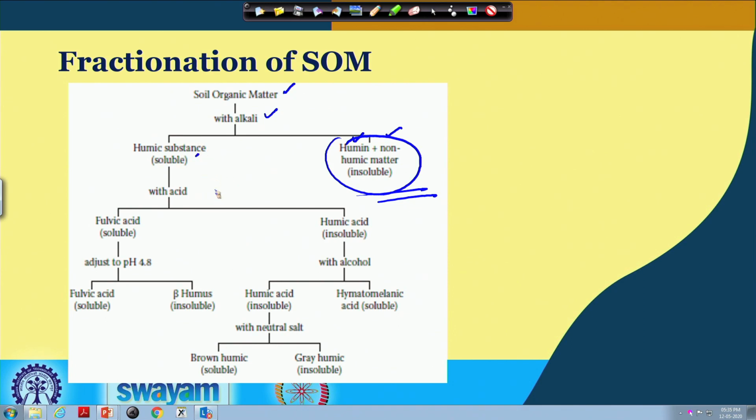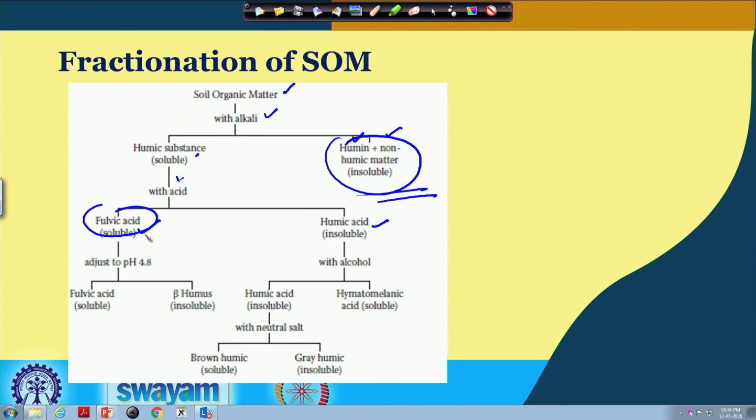And then these soluble humic substances, when they are treated with acids, will be differentiated into a soluble fraction, that is fulvic acid, and an insoluble fraction, that is humic acid.